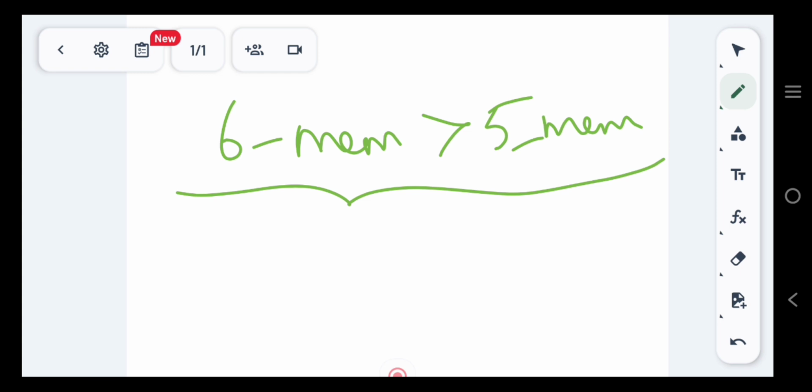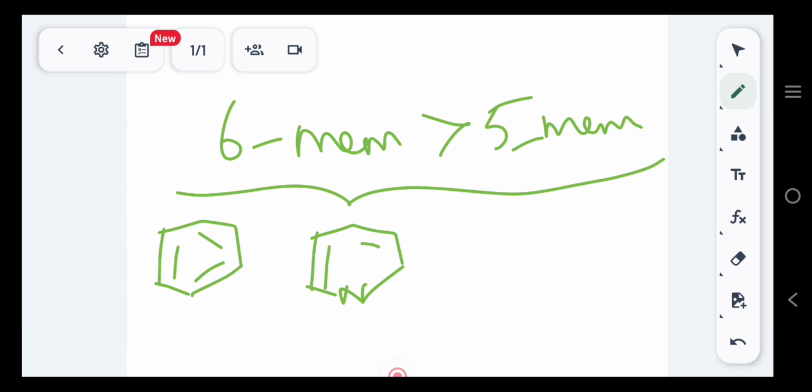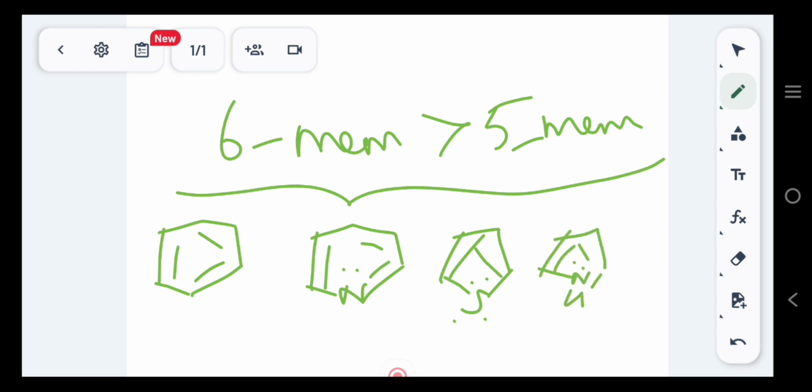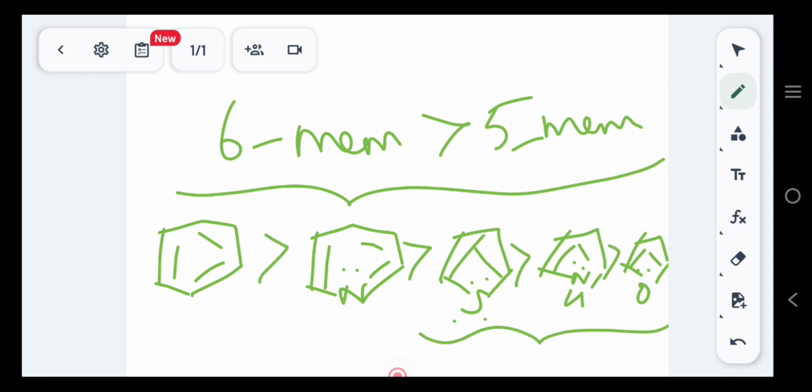Now, if I give benzene, then pyridine, then thiophene, then pyrrole, and at last furan, what will be the aromaticity order? It will be like this.